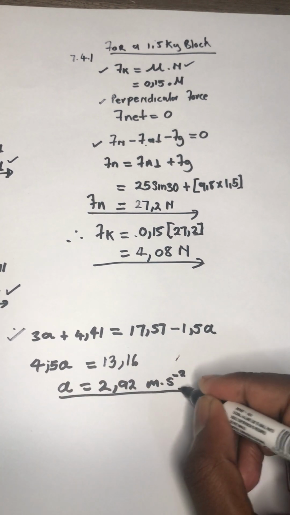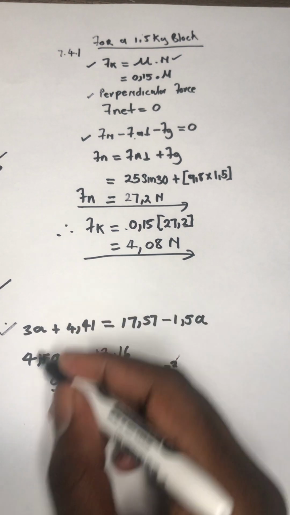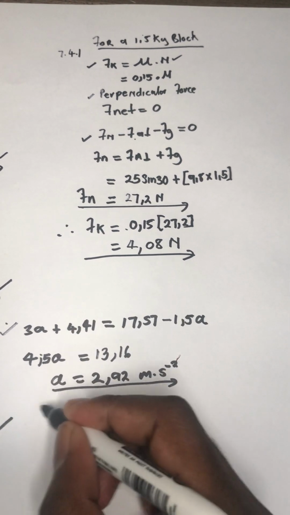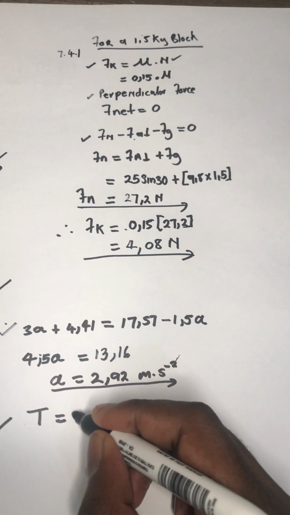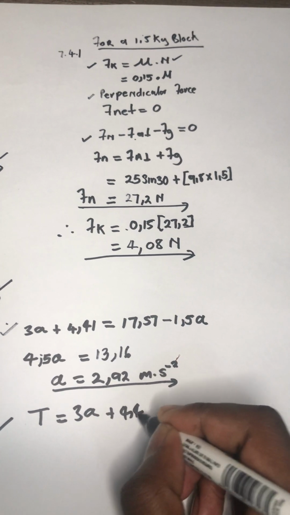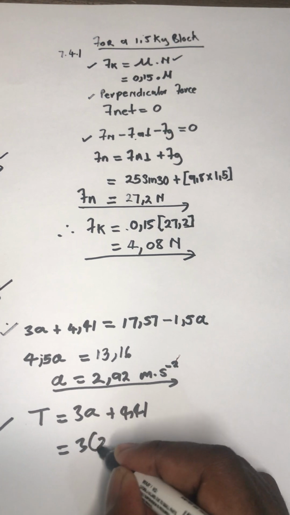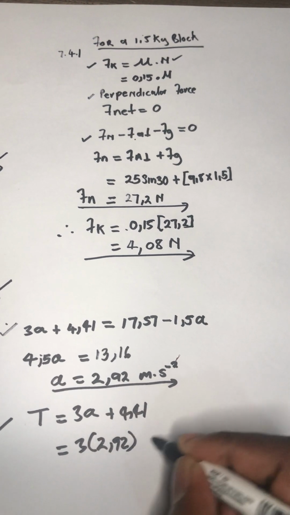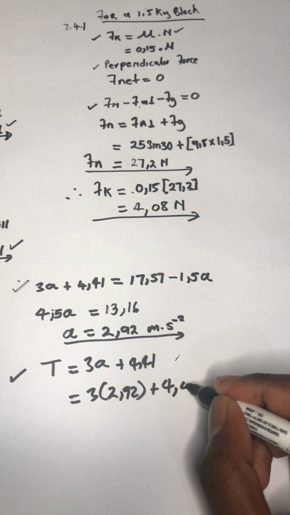Once we have the acceleration, we go back to equation 1 and get the tension. Therefore tension is equal to 3a plus 4,41. So this is 3 times 2,92 plus 4,41.